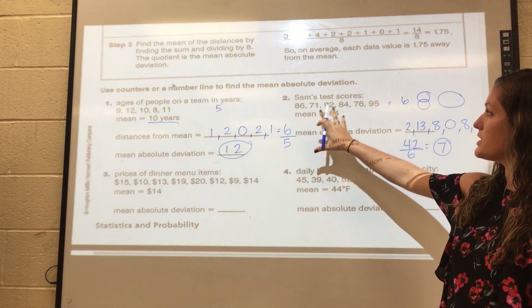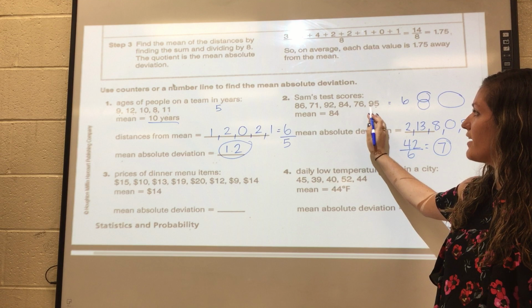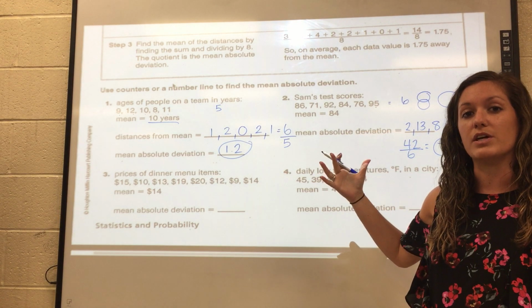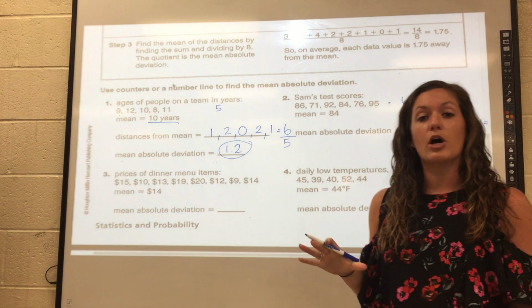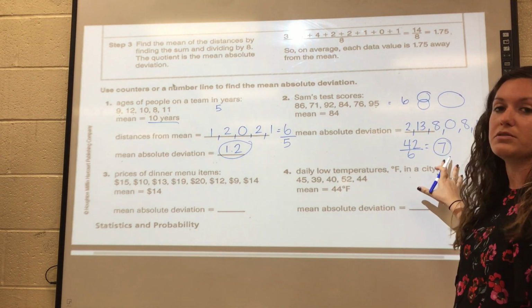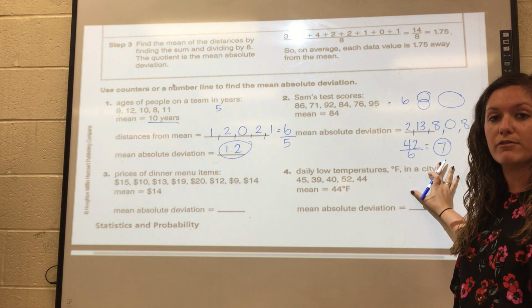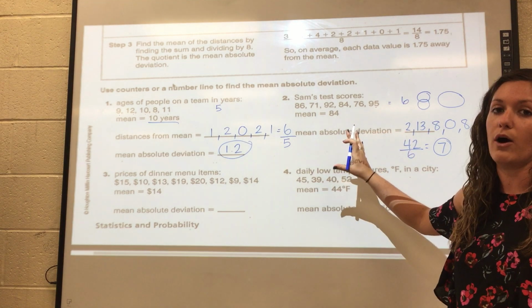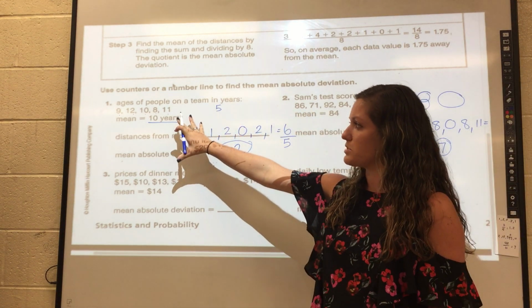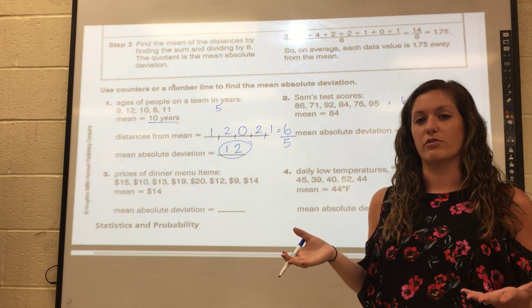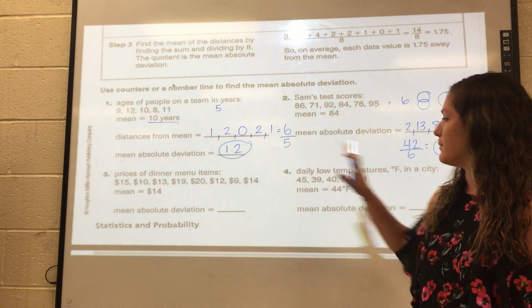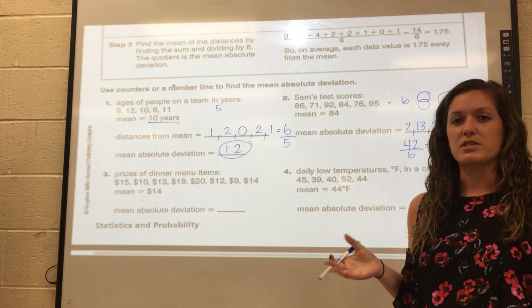You can see that these ones have an outlier, this 95 being a lot higher than some of the other numbers in the data set, and this 71 is a lot lower, which means that this mean absolute deviation is a lot higher on average because those numbers are so spread out. So these are a little tighter and closer together, and these ones are a little more spread out and a little more all over the place. And we can look at that mean absolute deviation to help us understand that.